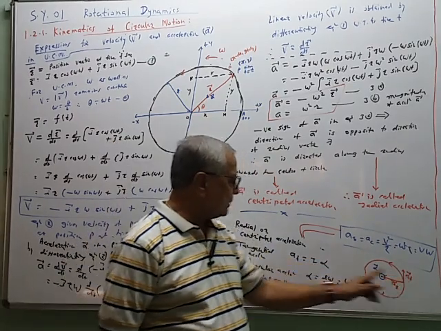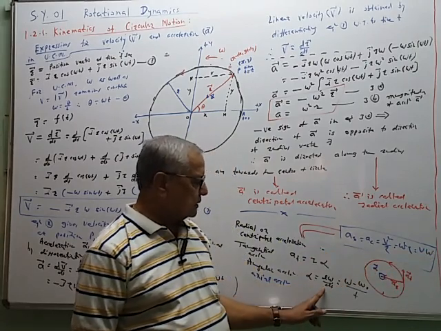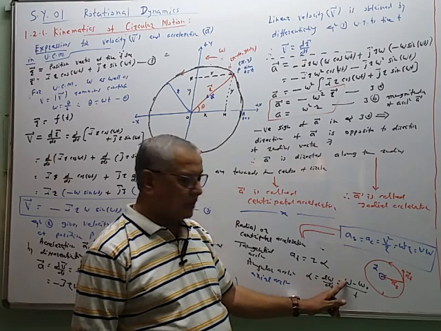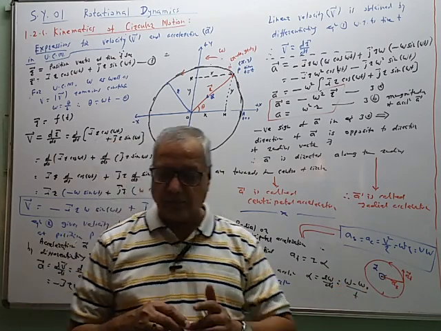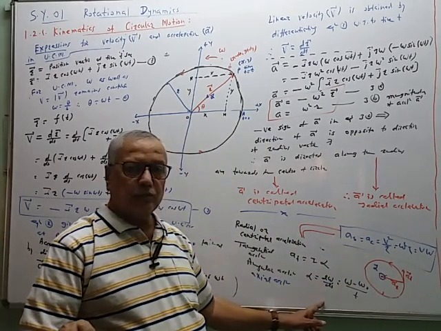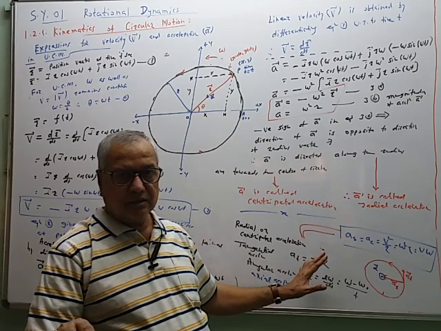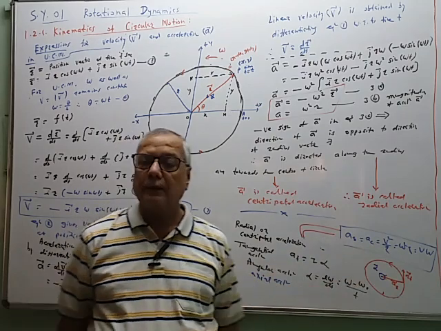So AT is given by r alpha, AR is given by the three relations, and alpha is given by rate of change of angular velocity with respect to time, or final angular velocity minus initial angular velocity upon time taken, like this. These are the direction and these are the magnitude. So different types of acceleration in circular motion we have shown like this.